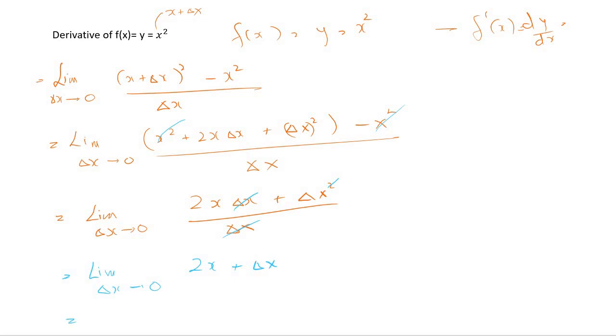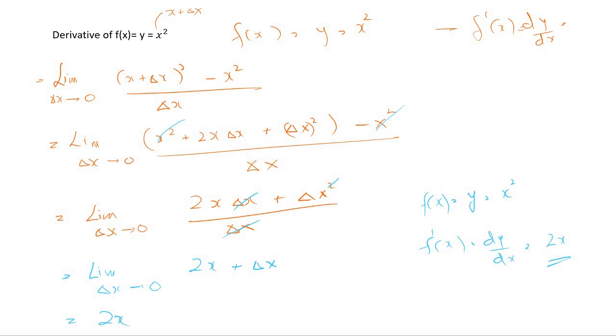As delta x tends to 0, you get 2x. So if the function is y equals x squared, f prime x, or dy over dx, is equal to 2x. That's the derivative of x squared.